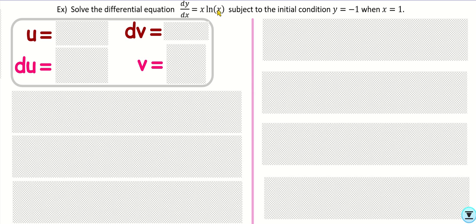But when there's a natural log involved, that rule of thumb kind of goes out the window. So this natural log example is kind of like the exception to that. So we're actually going to let u equal the natural log of x, and we're going to let dv equal x dx.